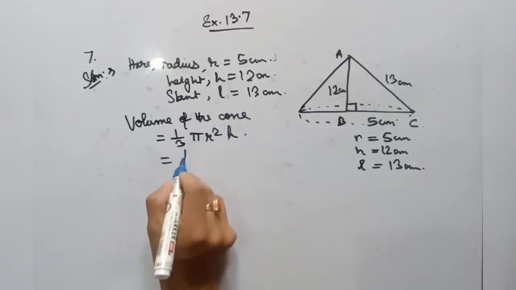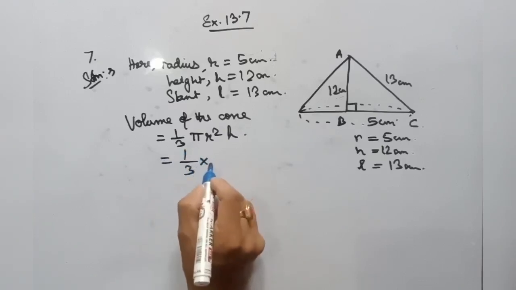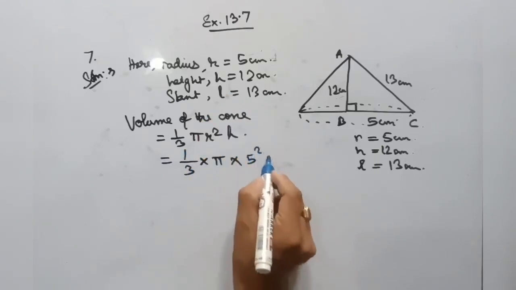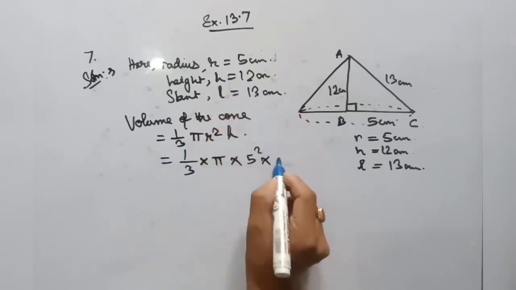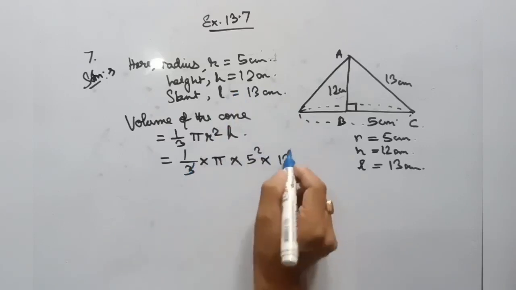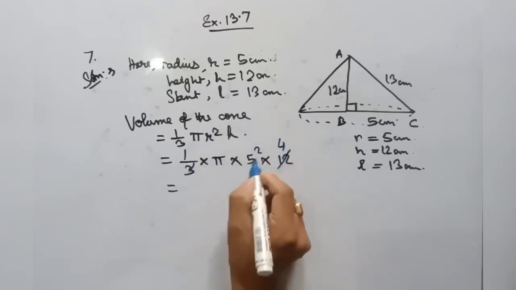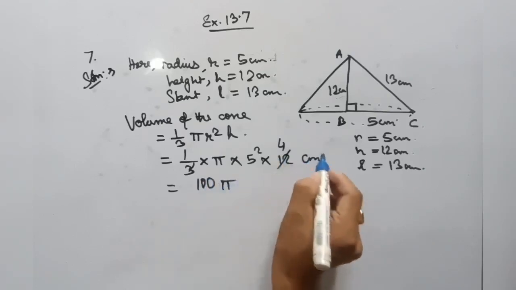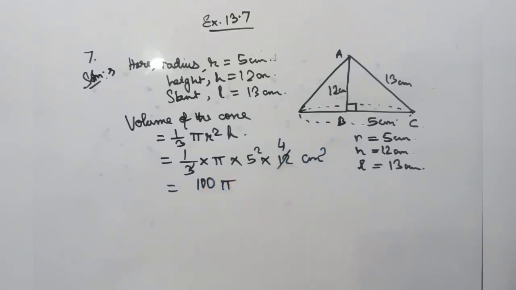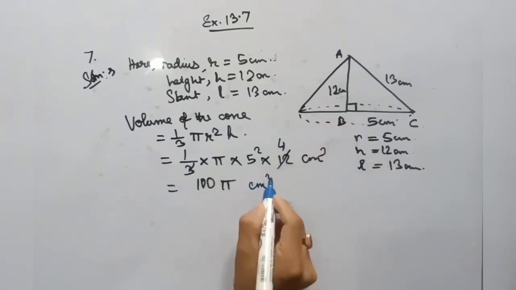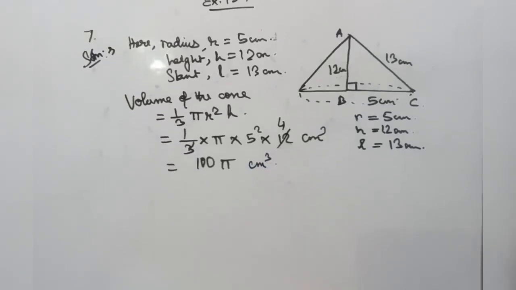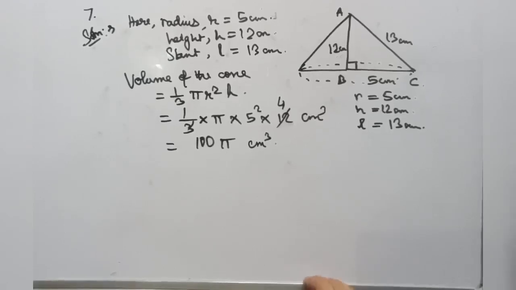So this will be equal to 1 by 3 into pi, the value of r is 5 square, into h is 12. So 12 divided by 3 is 4. 5 square is 25. 25 4 times is 100 pi. Let me keep the value of pi as it is. So the volume of the cone is 100 pi centimeter cube. This is the solution for question number 7. Now let us move on to question number 8.